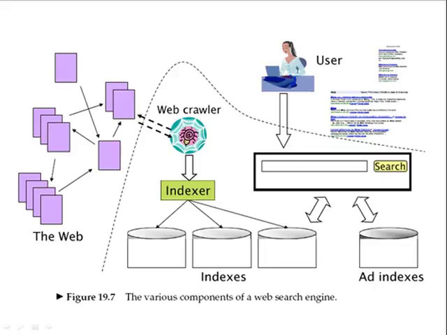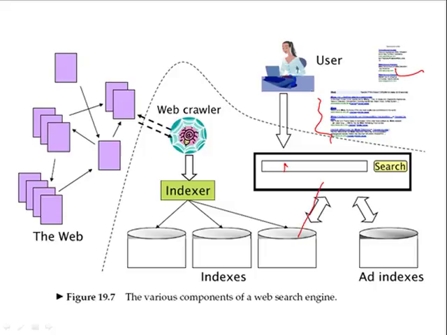Suppose a user types some keywords and searches. How does it work? It first uses ad indexes for ad support results, and a general index for search results.